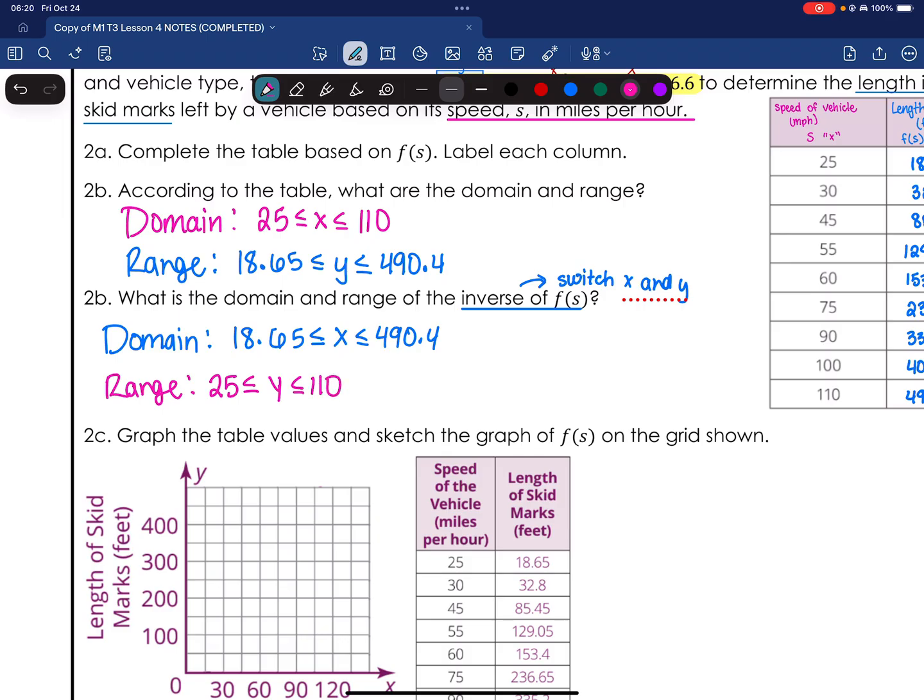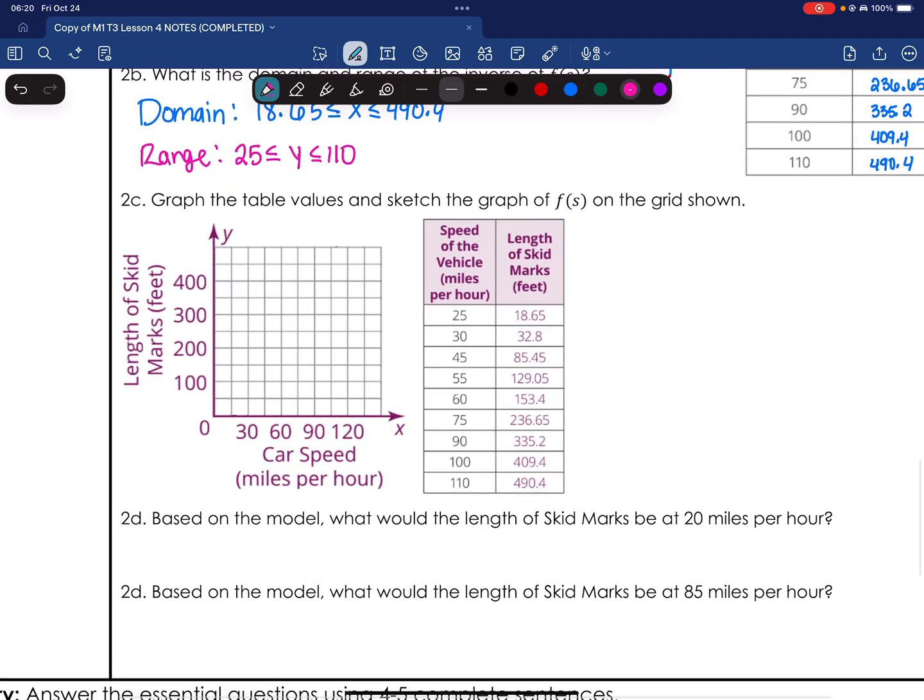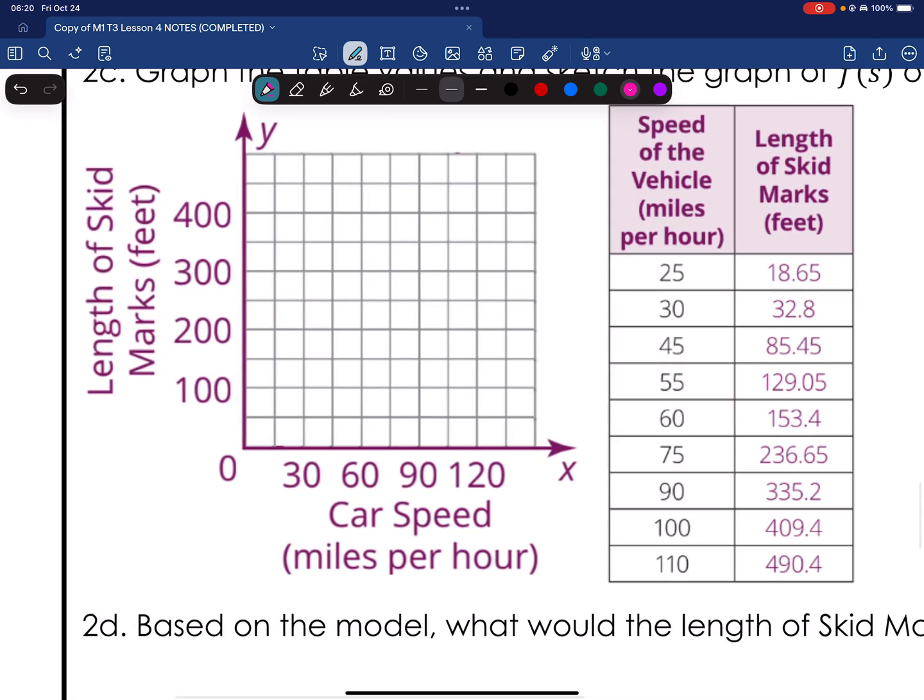Okay, so now on the next one, we want to graph the table values and sketch the graph of f of s on the grid shown. So to the best of your ability, plot these points and sketch it.